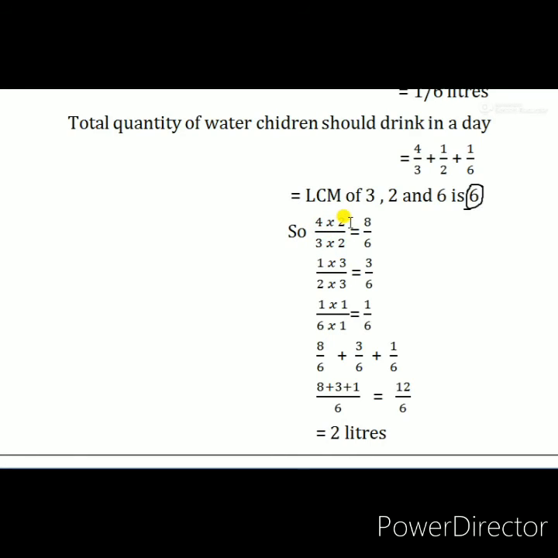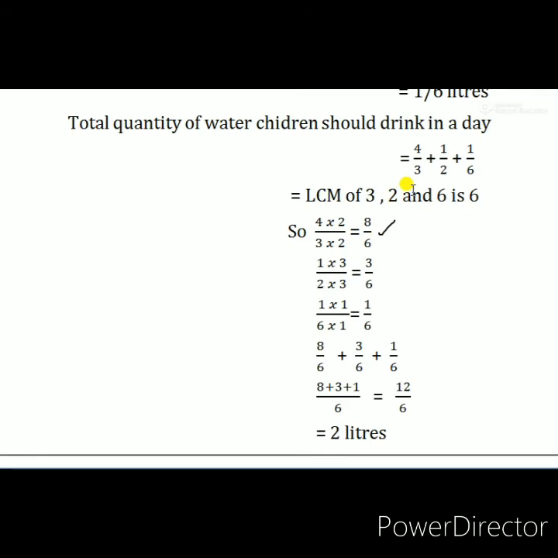I have shown this here: 4 multiplied by 2 is 8 and 3 multiplied by 2 is 6. So the equivalent fraction of 4 upon 3 is 8 upon 6. 8 upon 6 and 4 upon 3 are equivalent fractions.